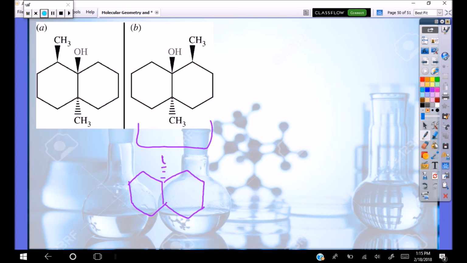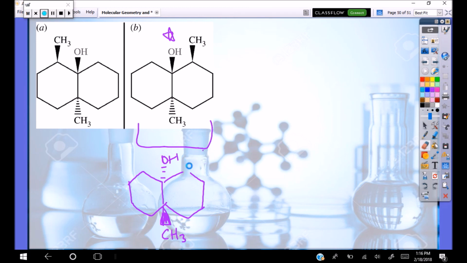We know that those OHs on this side here are coming out of the page toward us, but if we were to rotate it 180 degrees, you would actually see that they would be coming out of the page away from us. And then that CH3 would actually be coming towards us now. Okay, so they are very clearly different molecules.